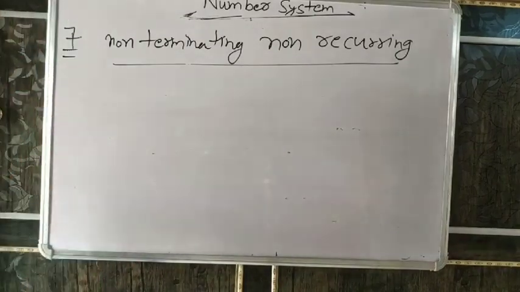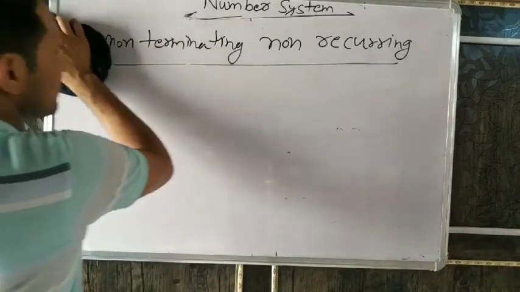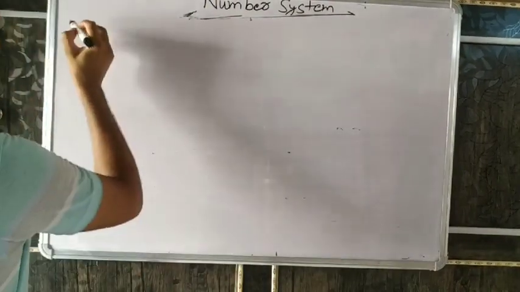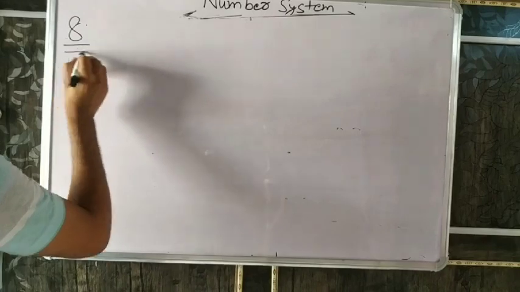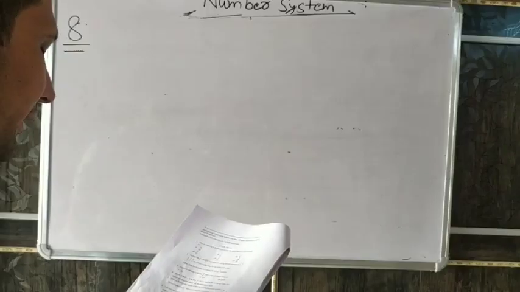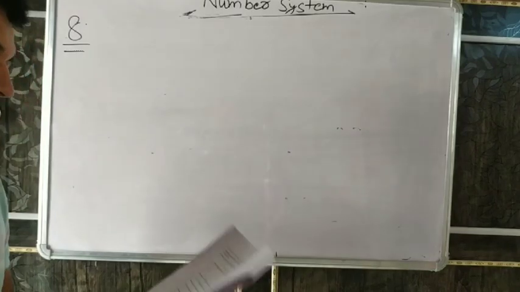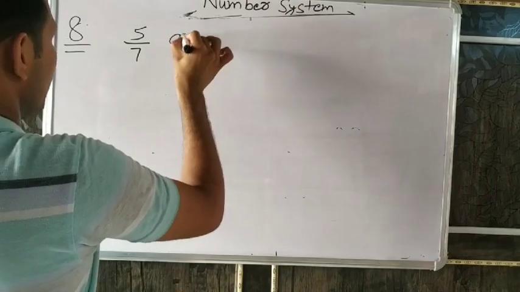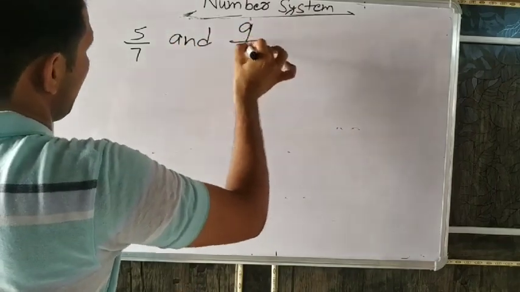Question number 8. Find 3 different irrational numbers between 5 by 7 and 9 by 11.